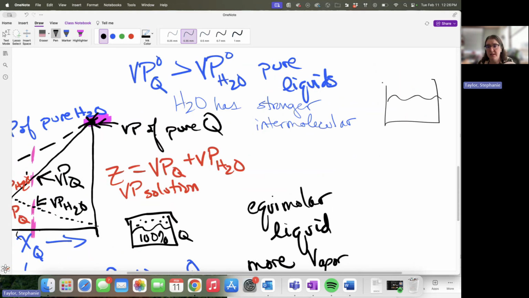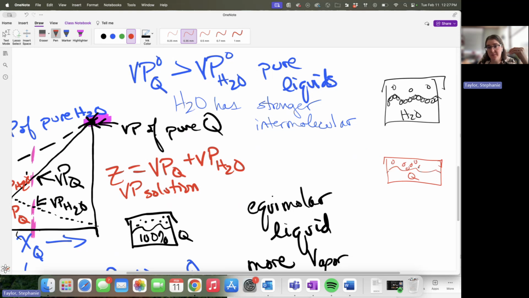When we take a look at that, keep in mind that if this is my water, then the better those molecules hang on to each other, the more of it stays in the liquid phase. The worse they are at hanging on to each other, the more of them essentially can escape. So if I have my lovely liquid Q, what I'm trying to say is that Q just doesn't hold on to each other very well.